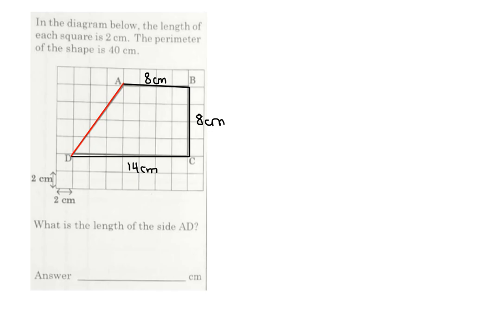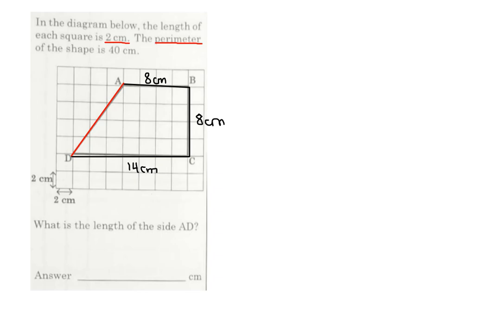And remember, I said that they told us the length of each square is 2 centimeters, that's one, but they also told us the perimeter. What's the perimeter of the shape? 40 cm. 40 cm, right?